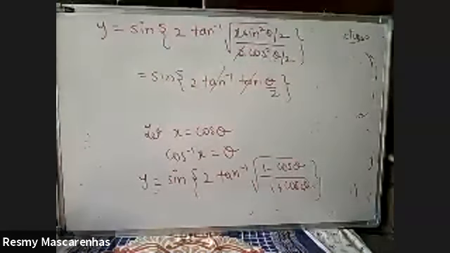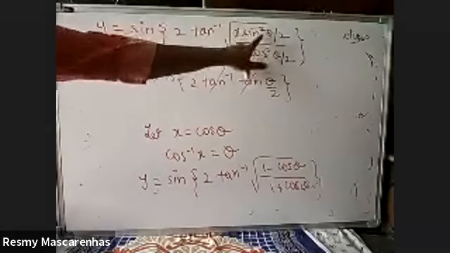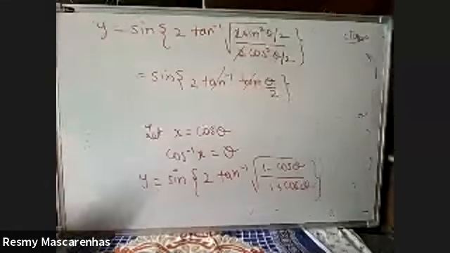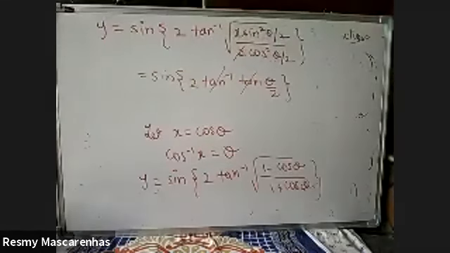Now tan inverse and tan will cancel. I skipped one step, that I should note. It will become tan square theta by 2, root and square will cancel and this will be straight away tan theta by 2.